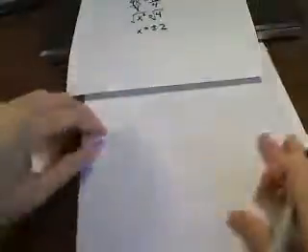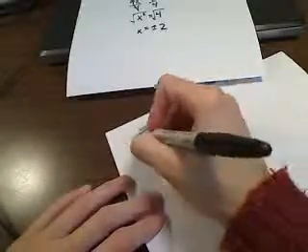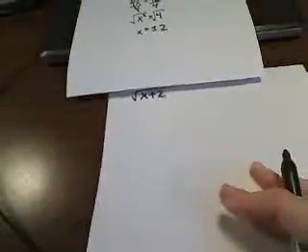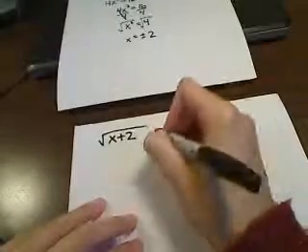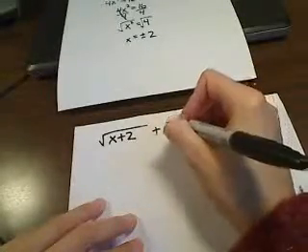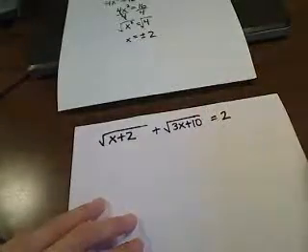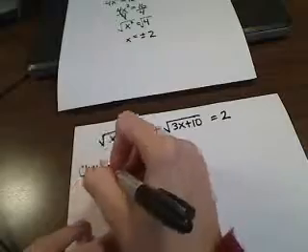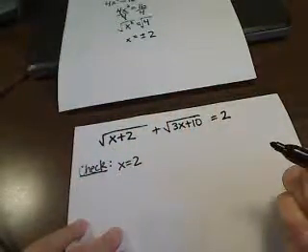So we've come up with x equaling plus or minus 2. We need to go back to our original problem, which is this: square root of x plus 2 plus square root of 3x plus 10, and that's supposed to equal 2. Okay, so first, let's check x equals positive 2.